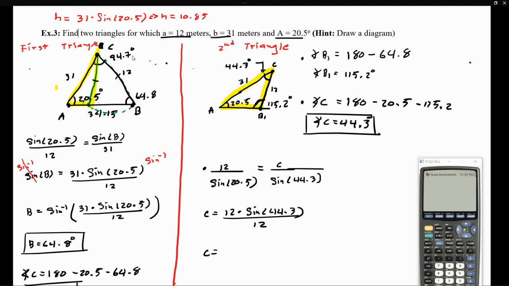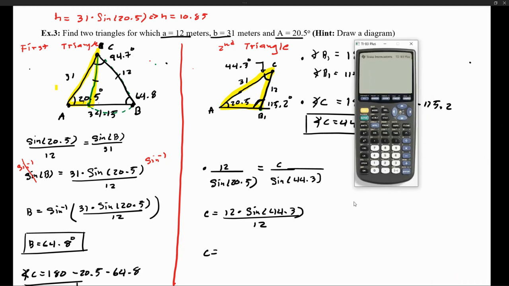If we use our graphing calculator, let's find out what that is.